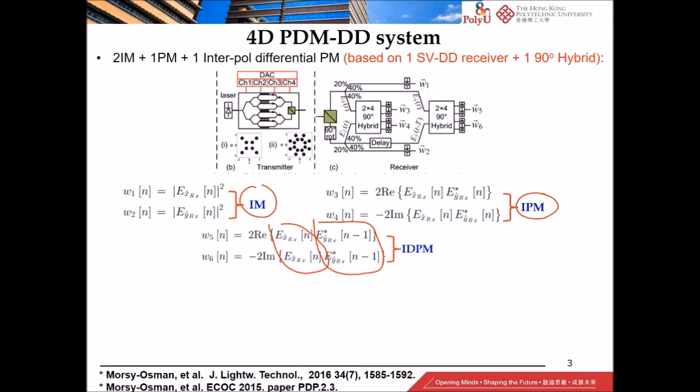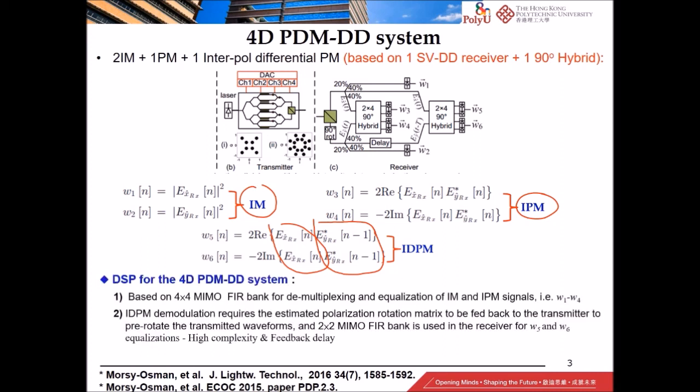So in this case, you would equivalently have all the degrees of freedom of full POLMUX coherent systems, right? Because you have 2 separate DPSK systems, and then you also know the phase difference between the polarizations.